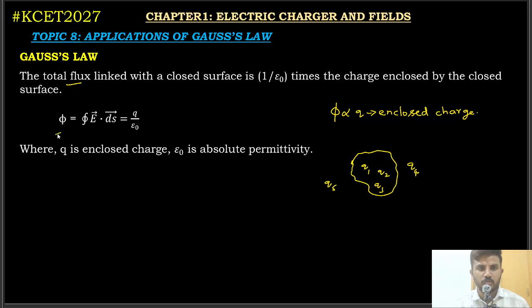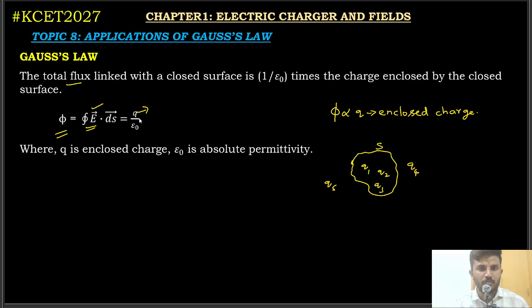So the flux through the given surface is equal to the closed integral of E dot dS, which is equal to Q by epsilon naught, where Q is the enclosed charge, and the electric field here depends on all the charges. Do you remember? Electric field here depends on all the charges, but Q is just the enclosed charge.